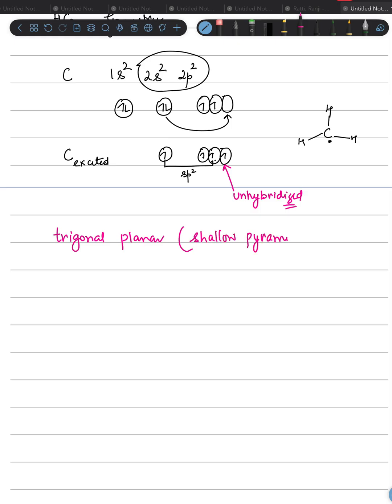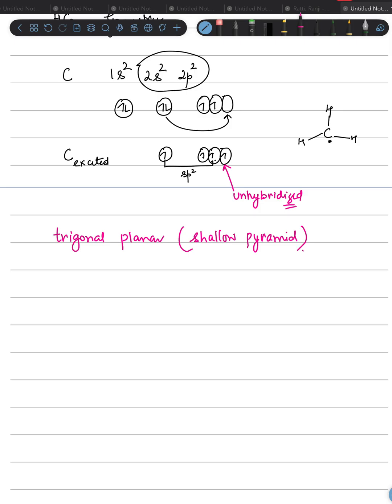But for the sake of simplicity, we'll say it is trigonal planar. Okay. Now, since its octet is not complete, it would act as an electrophile, an electron-loving species. So free radicals are electrophilic in nature.